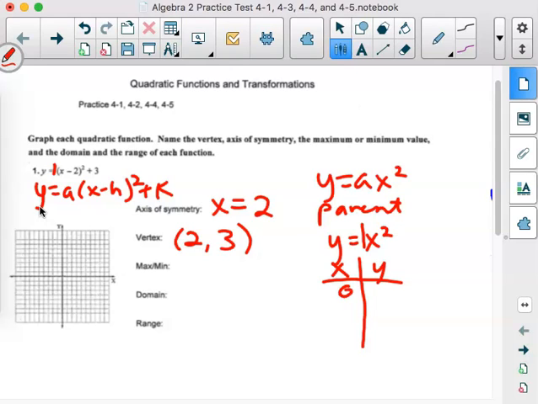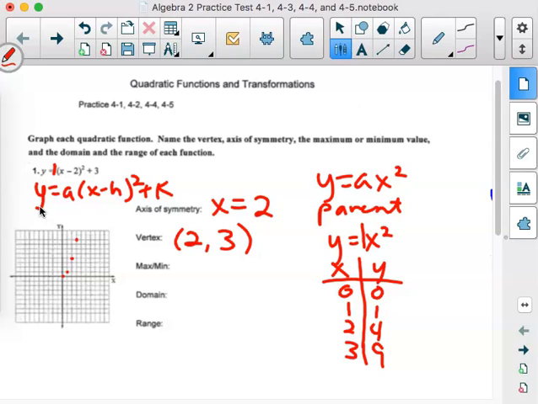So I'll try 0, 1, 2, 3 just for fun. So 0 squared is 0, 1 squared is 1, 2 squared is 4, and 3 squared is 9. We get a look at our perfect squares that we've been talking about as we've been factoring. So we have a graph of 0, 0, 1, 1, 2, 4, and 3, 9.